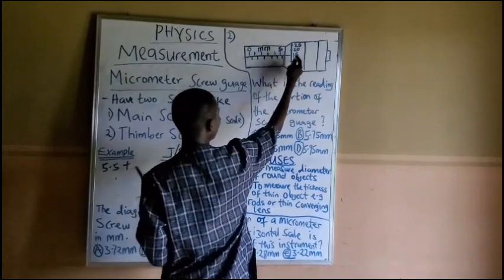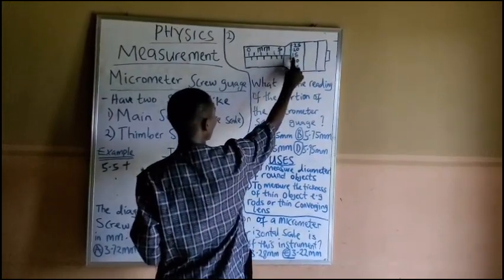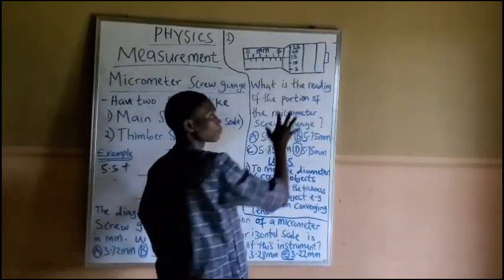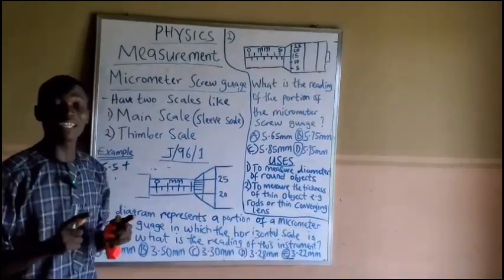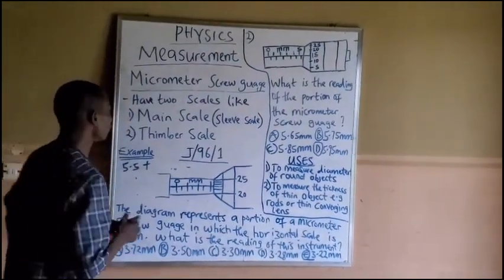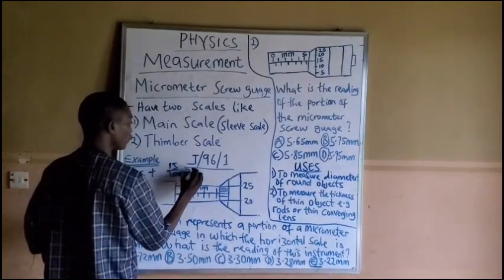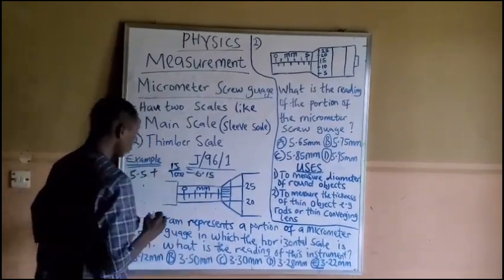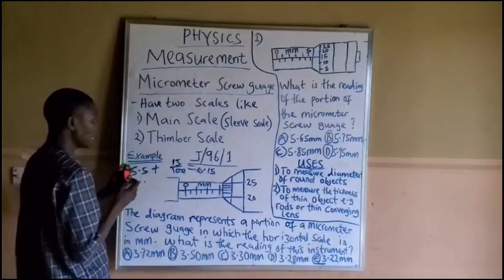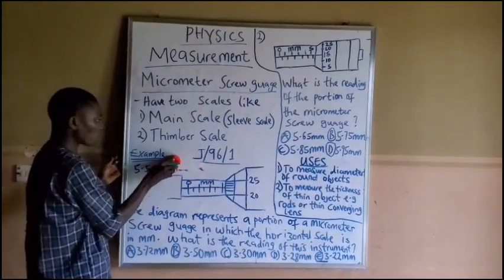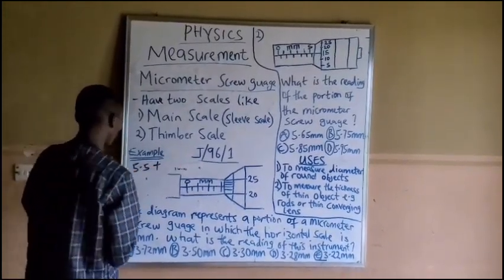And it has already been indicated here that it is 15. So you will divide this part by what? As I've said, we divide it by 100. So if you divide 15 by 100, that will give you 0.15.